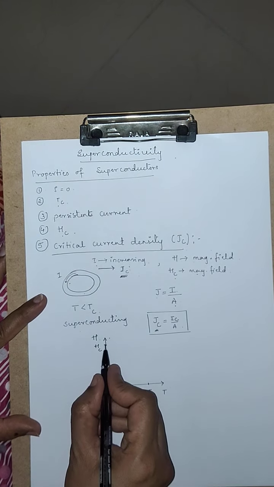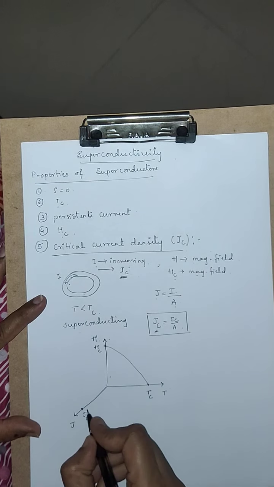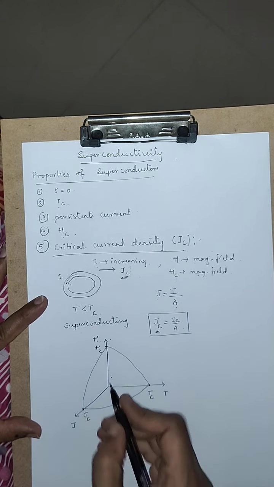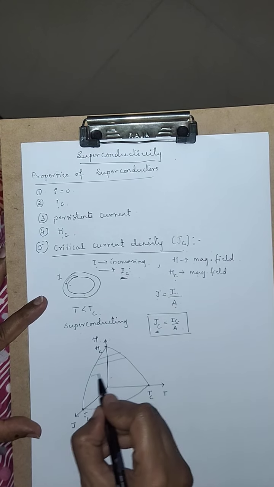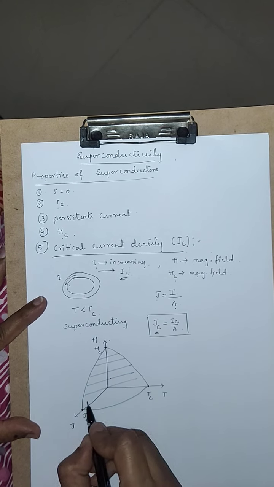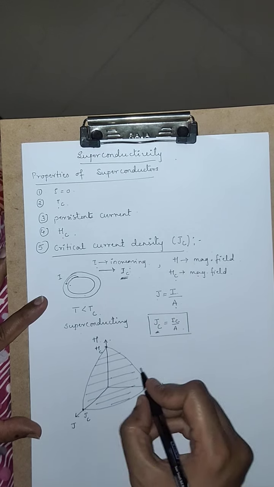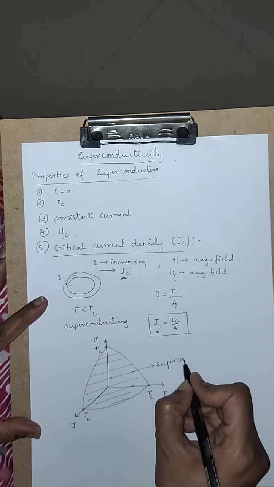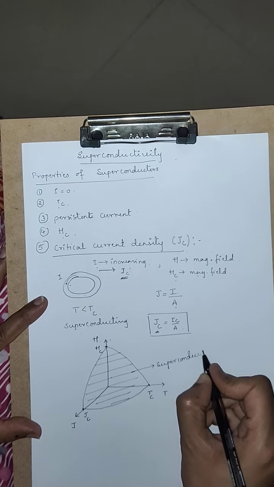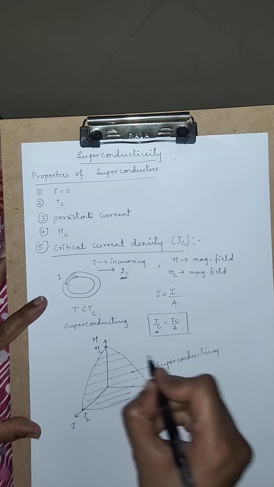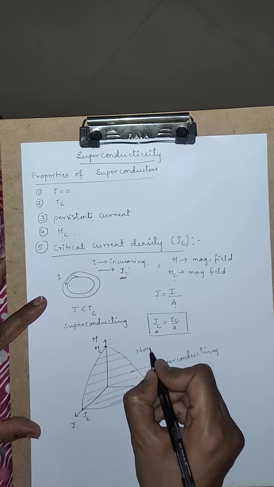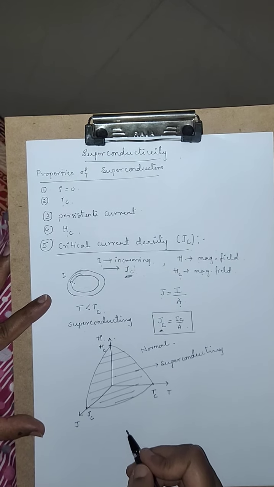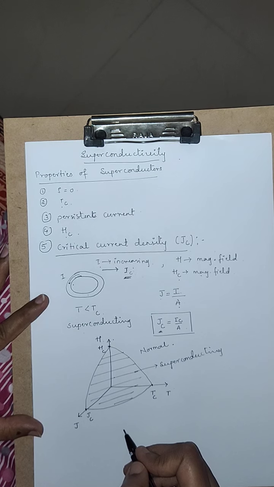If I join all these three points, something like this, then the material is superconducting only under this shaded area. That is, the material is superconducting here only. If we cross this, the material is nothing but a normal material. Anywhere outside this shaded portion, the material acts as a normal material.